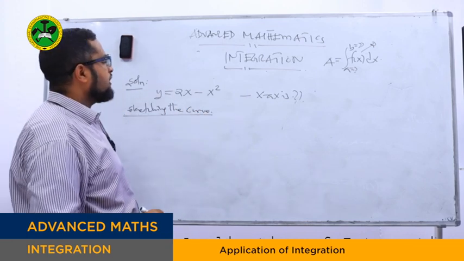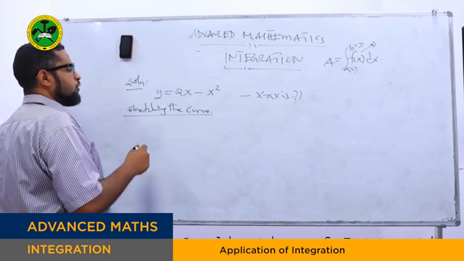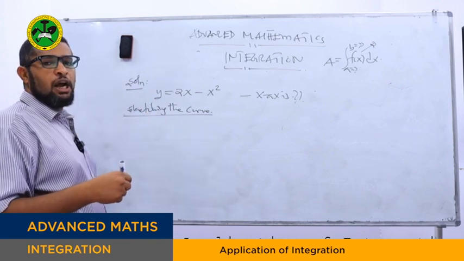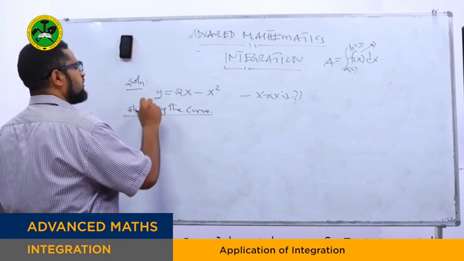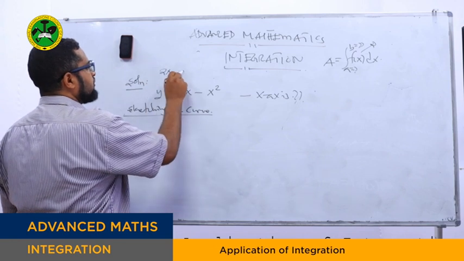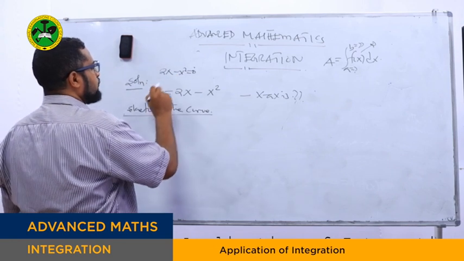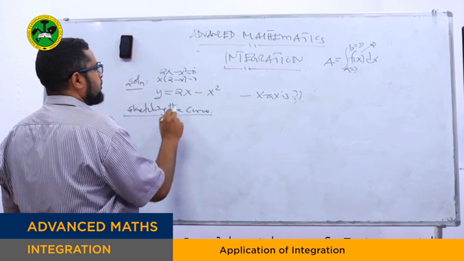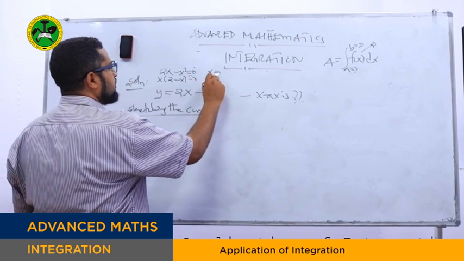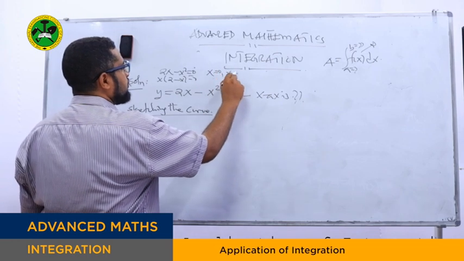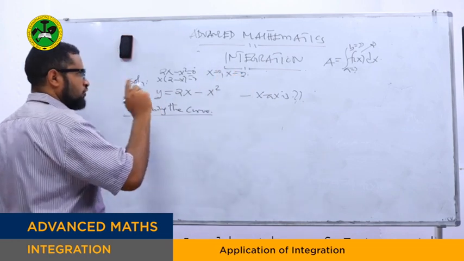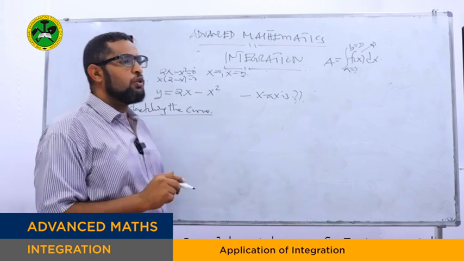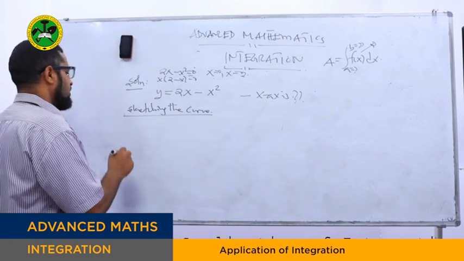So if we find the value of x from there, so as we know which value to be included in our table, this is the same as saying 2x minus x squared equal to 0. Taking x out, x times 2 minus x equal to 0. So here is x equal to 0 and x equal to 2. Okay, so these are the values that are supposed to be included in our table.